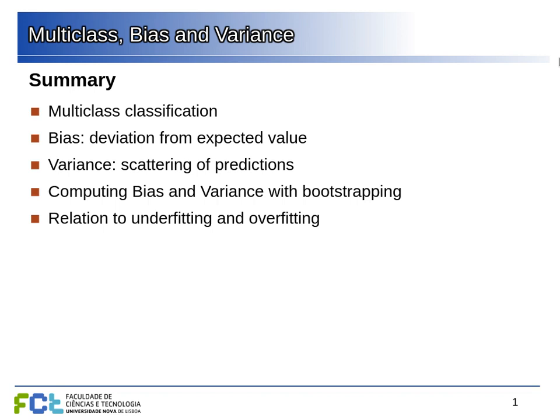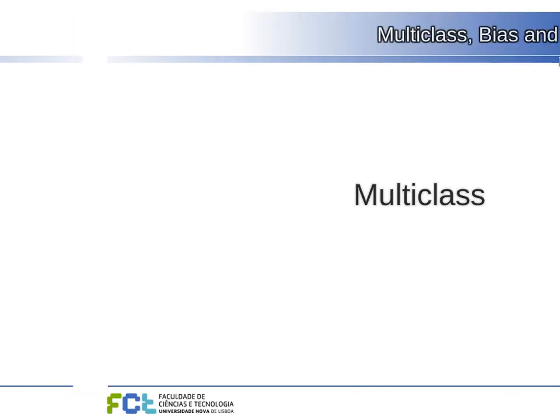But it's important to understand these two sources of error when we then consider how to attack each of them with ensemble methods. So we're going to see how we can compute bias and variance using bootstrapping, which is a resampling method, and then how these quantities relate to underfitting and overfitting.